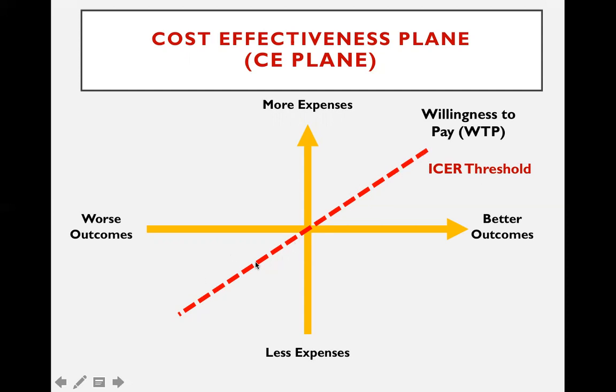Okay, and this coincides with the decision maker's willingness to pay. If the treatment option falls above the ICER threshold, then we can say that the decision maker, let's say the patient or the medical institution or society at large, is no longer interested in investing an additional amount of money to get the additional benefit that the treatment option can offer.